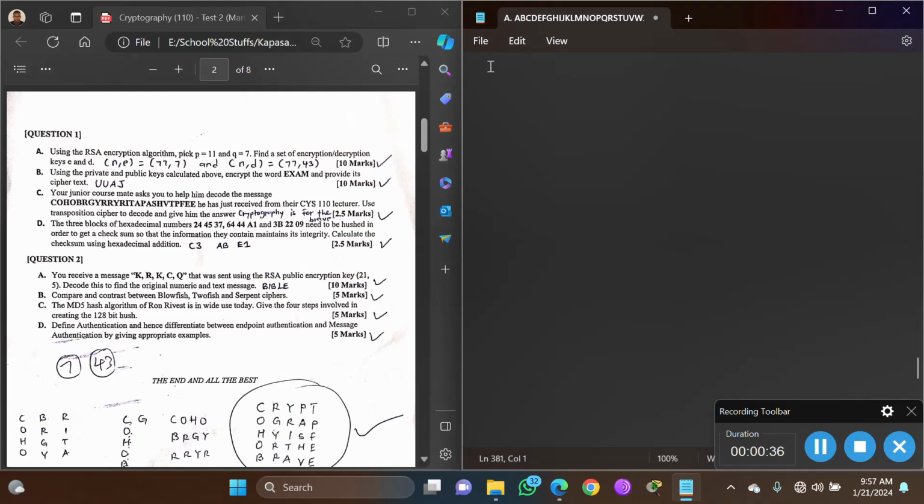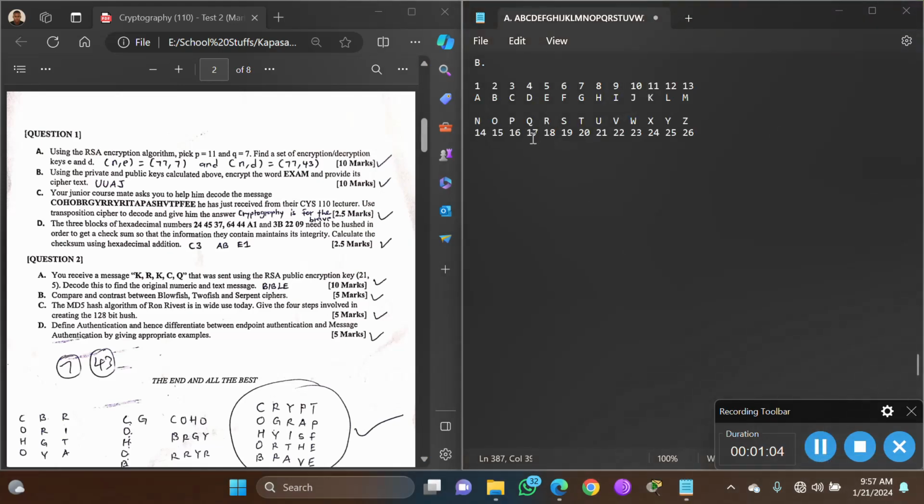So this is B. First of all we need to understand the question. They are saying that we need to encrypt the word exam. First we need to come up with the alphabet, which will correspond to a certain number from A up to Z. So let's do that.